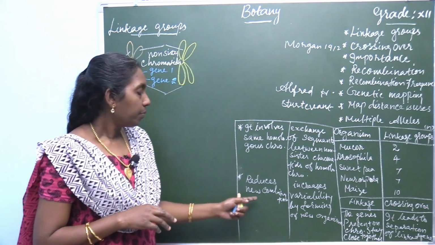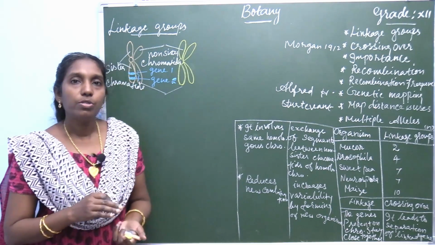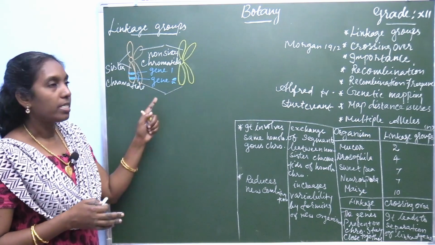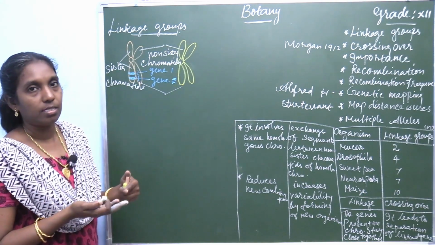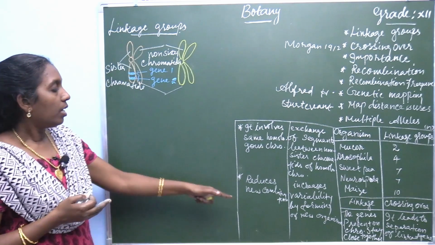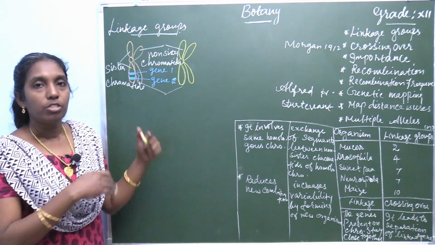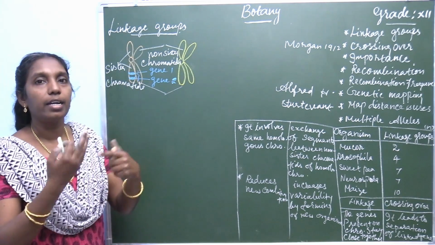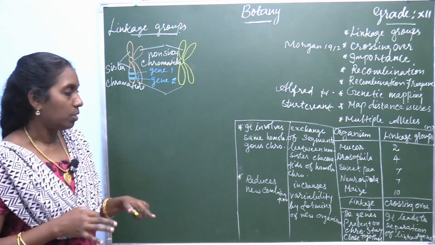Third difference: linkage reduces new combinations, because the non-sister chromatids do not separate or exchange their characters. There is no new combination different from the parental one; the genes are inherited together as in the homologous pair.